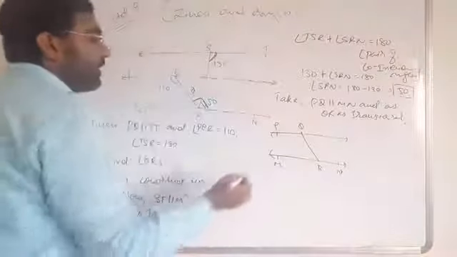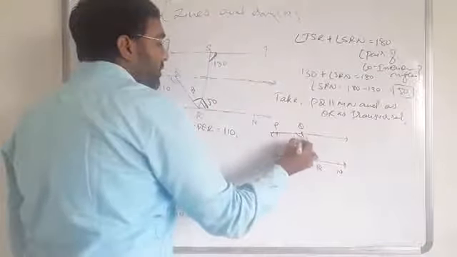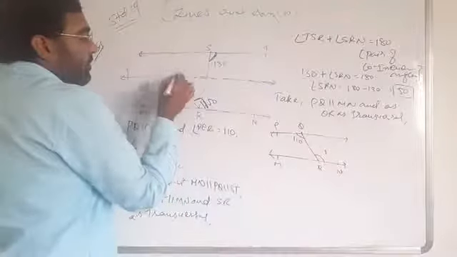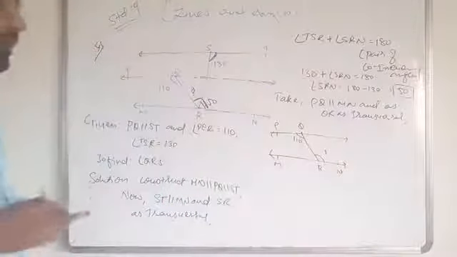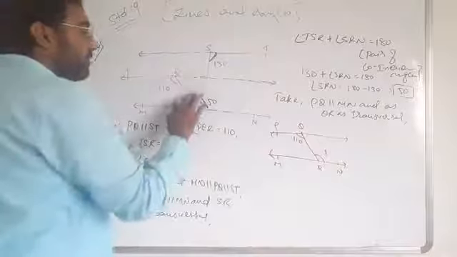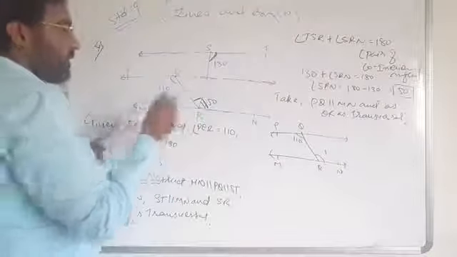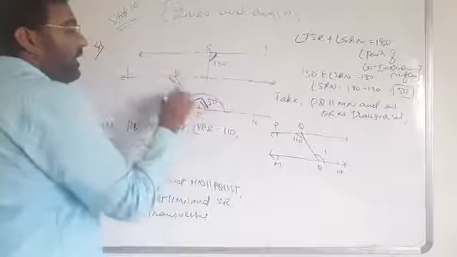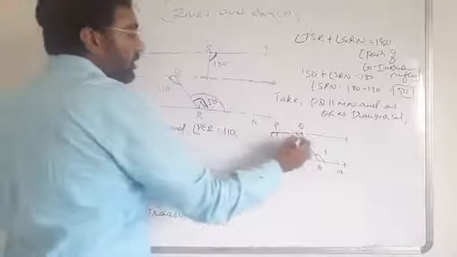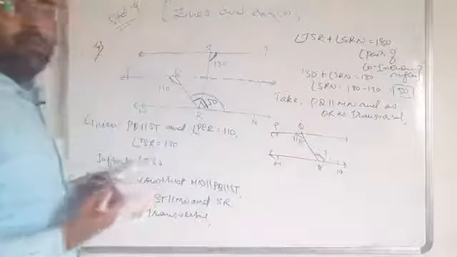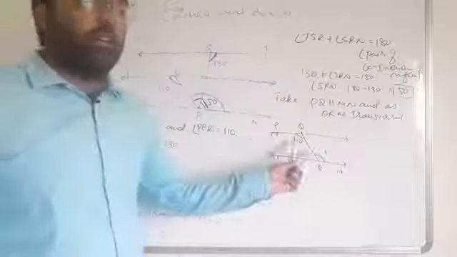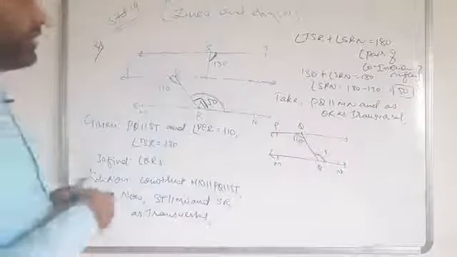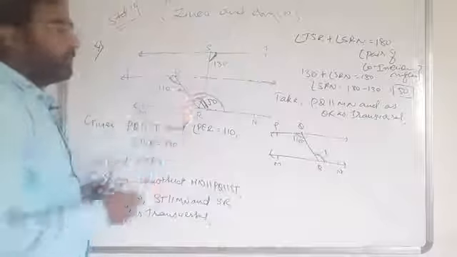Here the angle 110 is given, and one of the angles we have to find is QRN. This whole angle QRN is equal to this PQR, alternate angles, because they are formed on the interior part and on opposite sides of the transversal. So they are alternate angles.